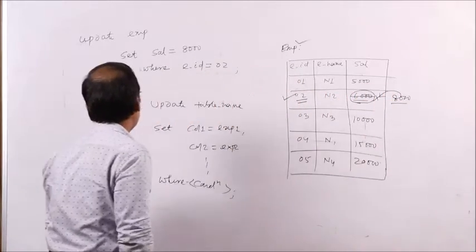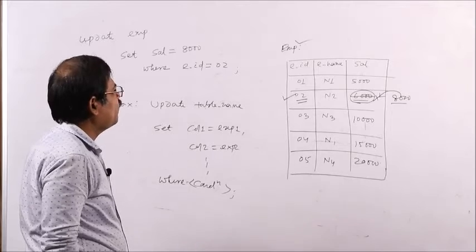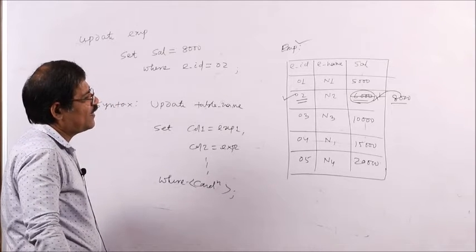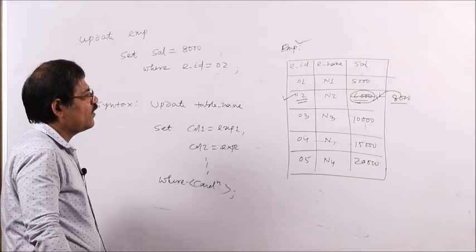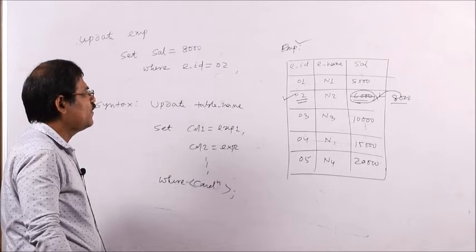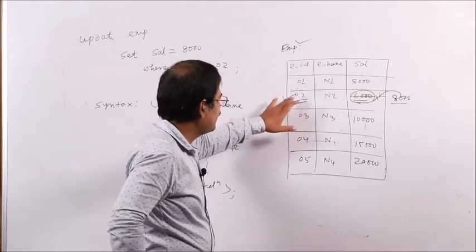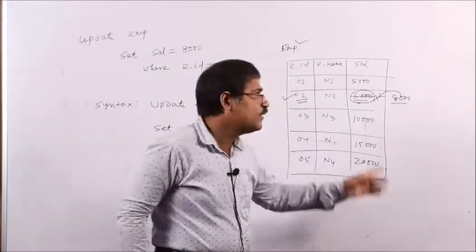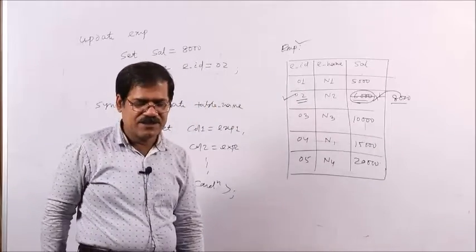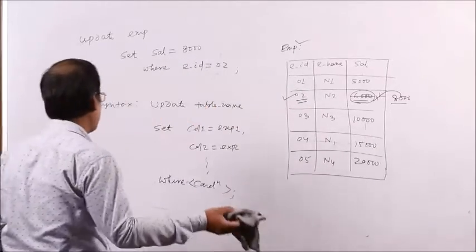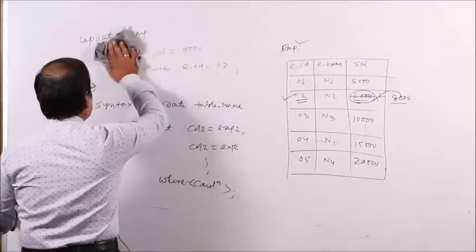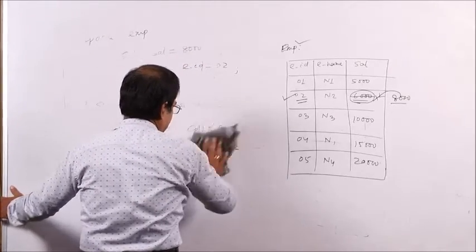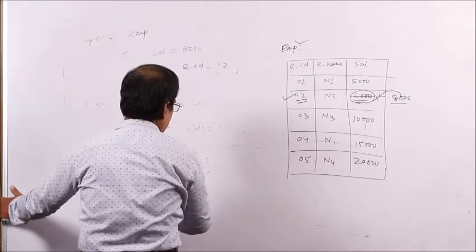That is why I have written update table name, employee, and you set the salary field value to 8,000 in which condition, where employee ID is equal to 02, of the table EMP. So, this is basically how you can manipulate or update the values of the records.